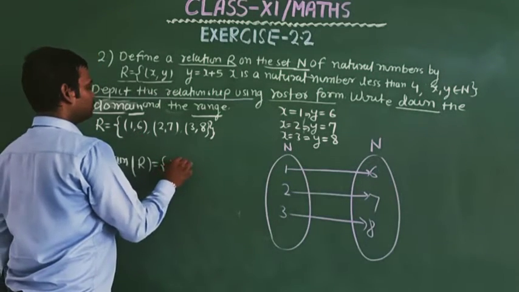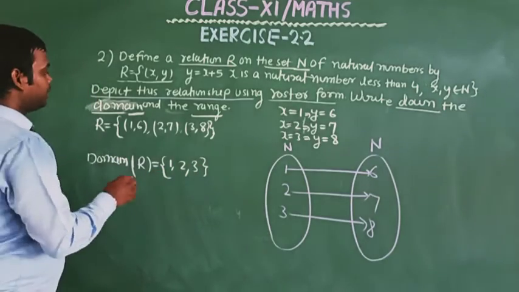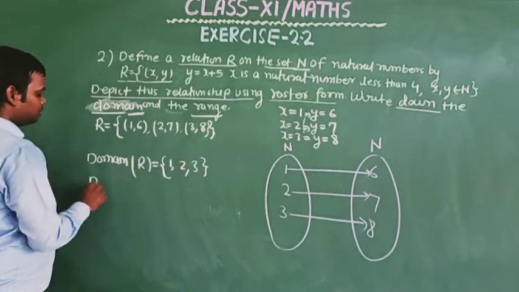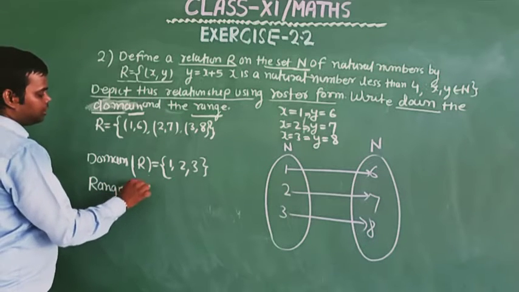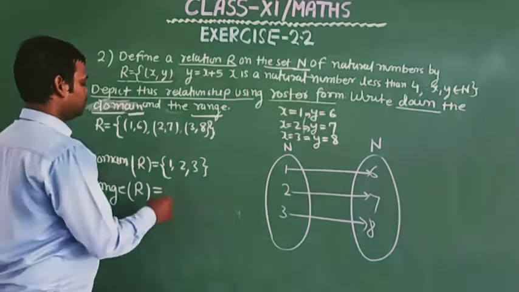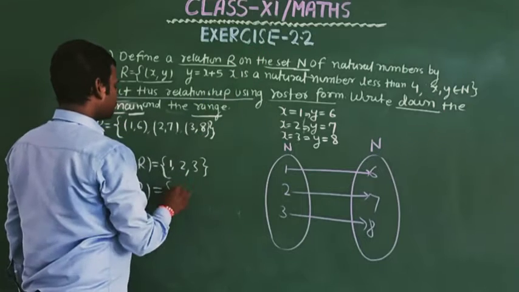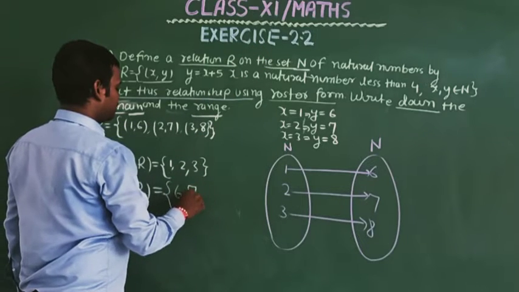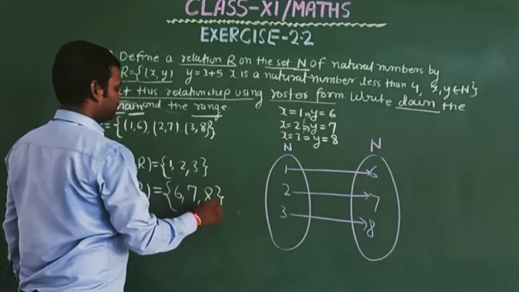This is 1, 2, 3. Next is range. Range is all the second elements of the ordered pairs. This is 6, 7, 8.